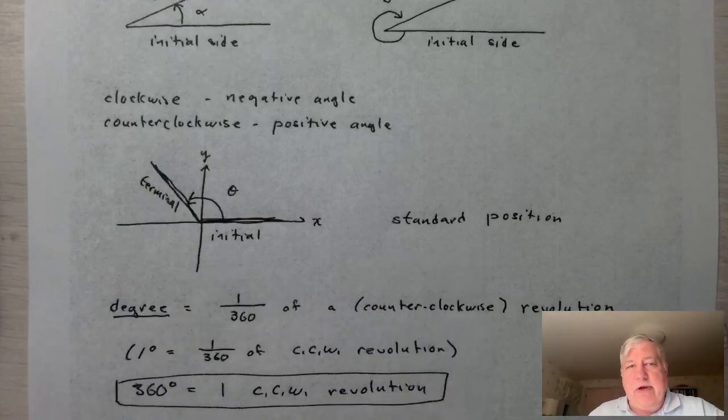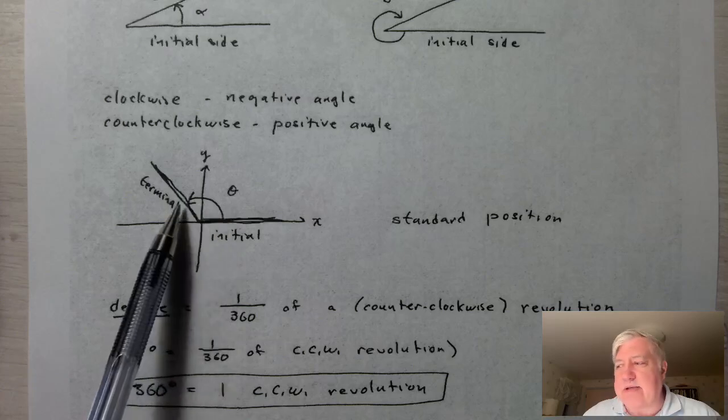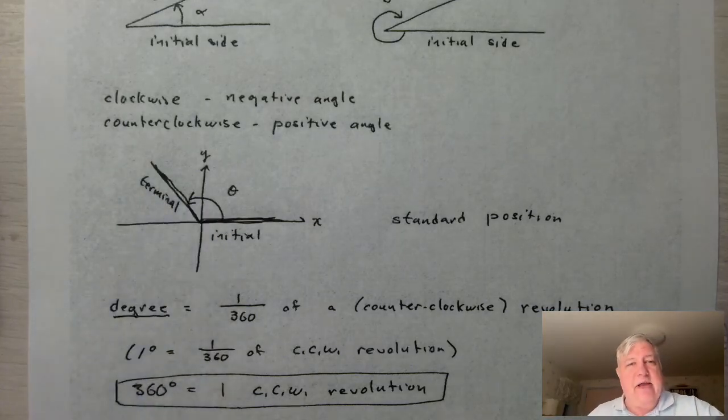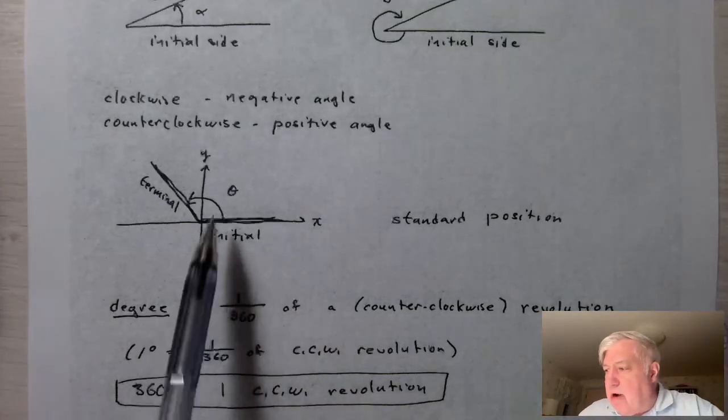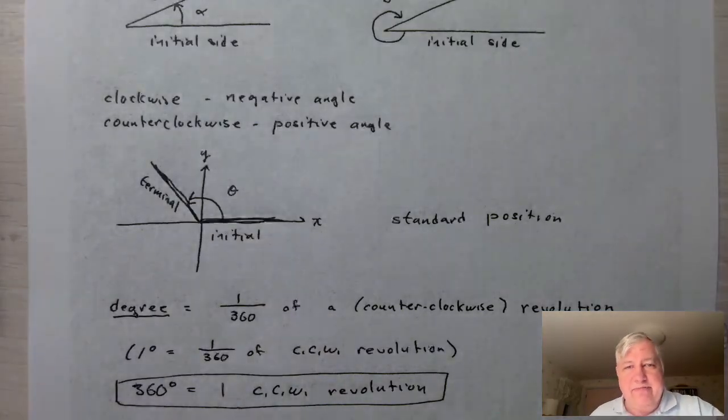This is what we call standard position, and we can also see that this is what we mean when we say that certain angles are in certain quadrants. In this case, we would say theta is a second quadrant angle because this terminal side ends up in the second quadrant. And remember the quadrants: this is the first, this is the second, this is the third, and this is the fourth.